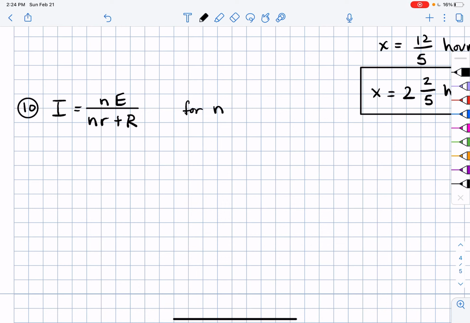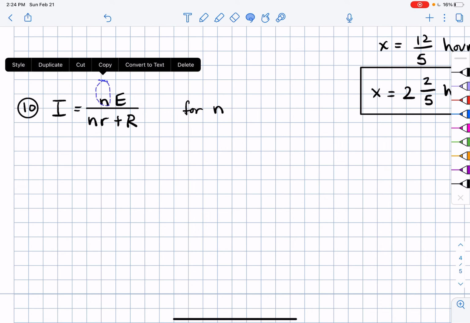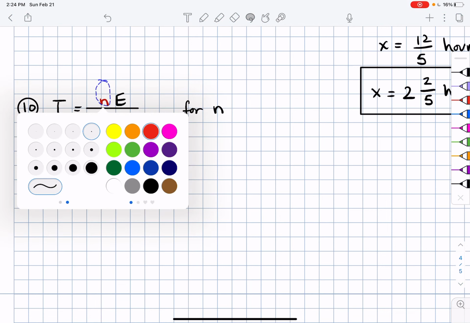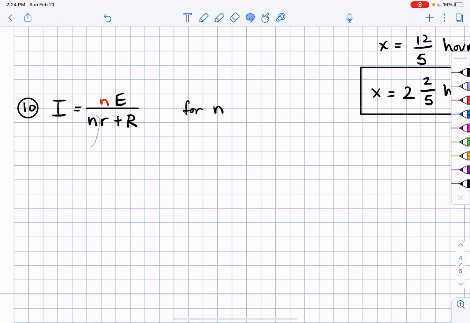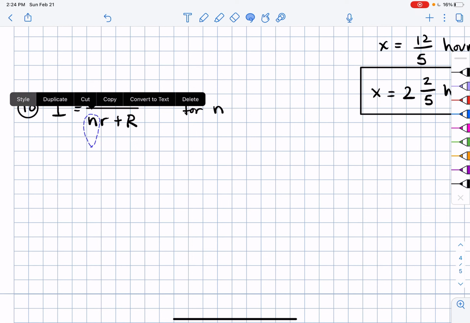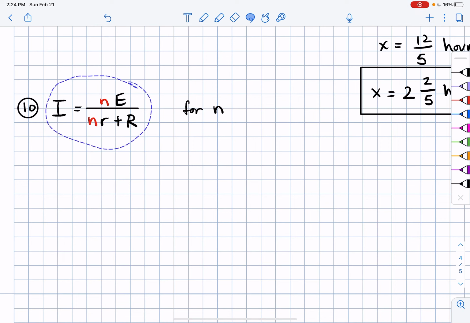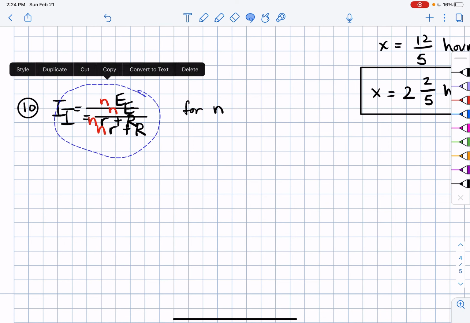Okay, so let's do this. There we go. All right, so that is what we want. Let me copy this whole thing, duplicate it, bring it down.